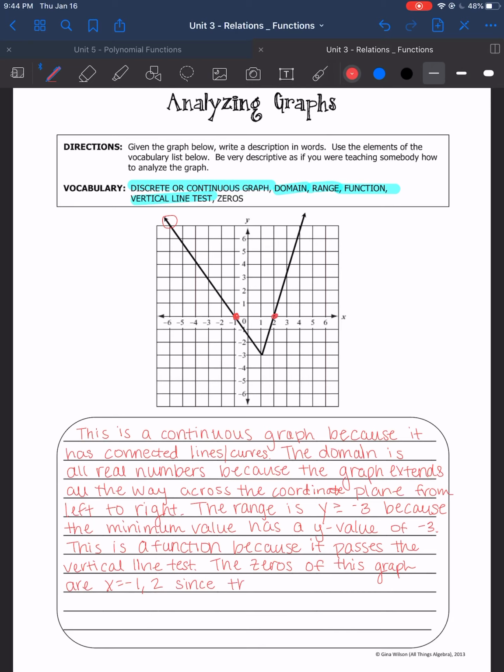Since that is where the graph intersects or crosses the x-axis. So we have now used all of our vocabulary words, and we have written a nice little description of this graph.